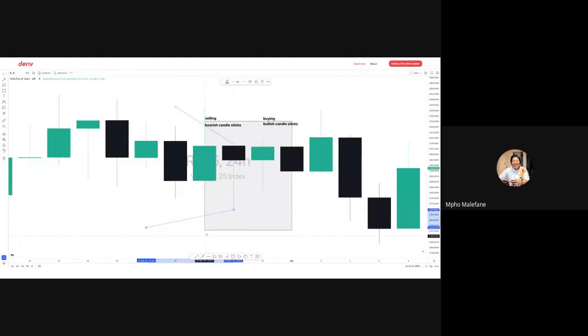I'll still label them. From here, the distance of where this thing starts, this distance here. Let's assume it was like this.